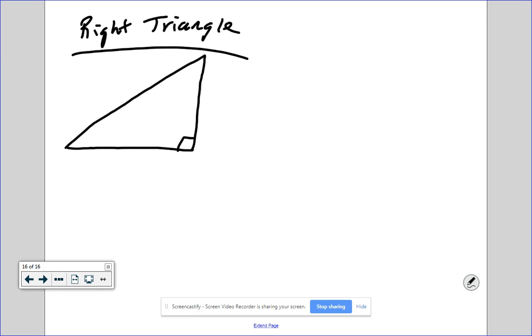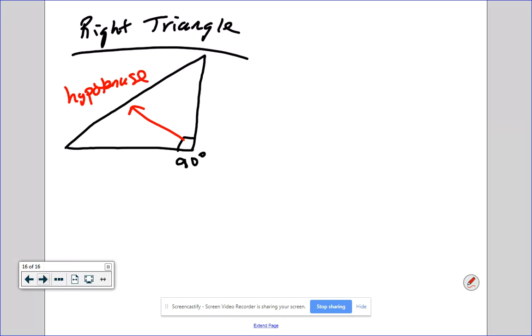I understand that's not drawn right, that's not actually a right angle. But by a right angle, I mean a 90-degree angle. Okay? So the base angle has to be a 90-degree angle. When we're working with right triangles, the side opposite the right angle is always your hypotenuse. And what is a hypotenuse?